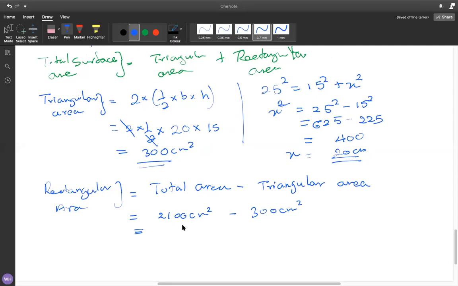Once you subtract the 300, you get 1800 square centimeters.